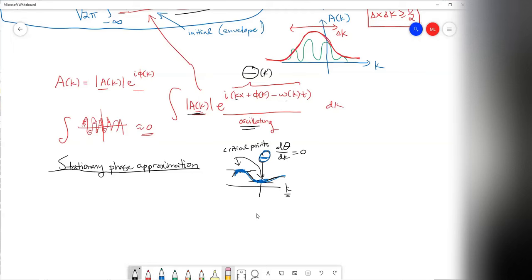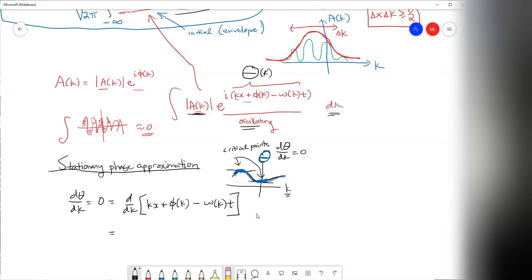You just look for places where this exponent is slowly varying, and that's where the derivative of it vanishes with respect to the integration variable k. So you look for places where this is true. And if we work that out, it's d dk of kx plus phi of k minus omega kt, right?